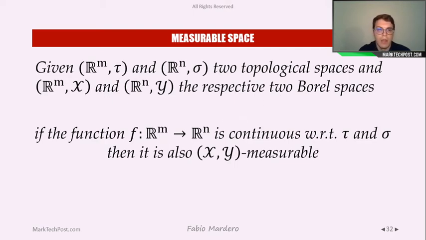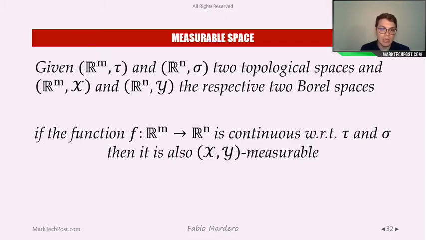Let's look at two spaces Rm and Rn, and we define two topological spaces here. And on the same real spaces, we also define two Borel sigma algebras. So for the same Rm and Rn, we have a topological space and a Borel space.